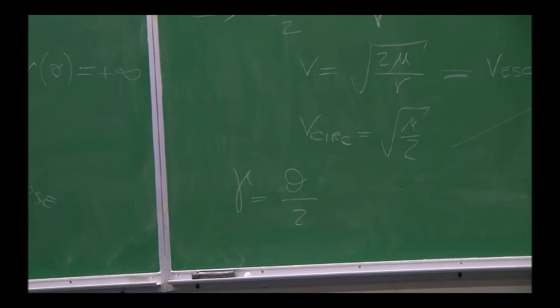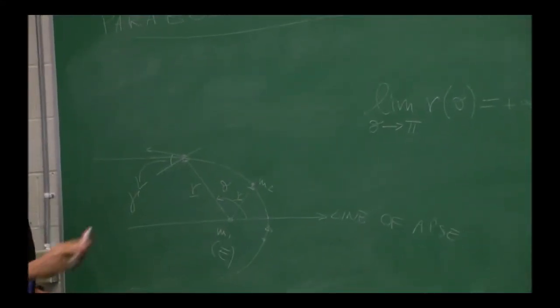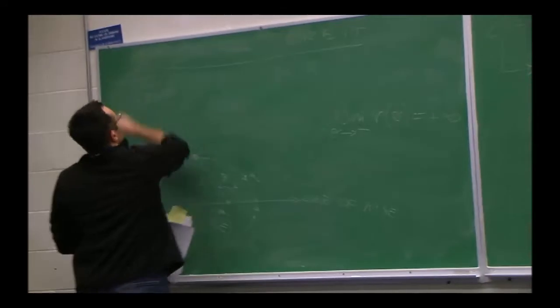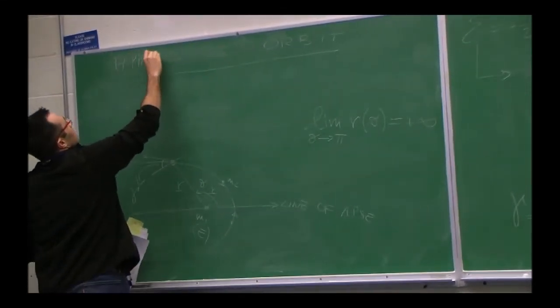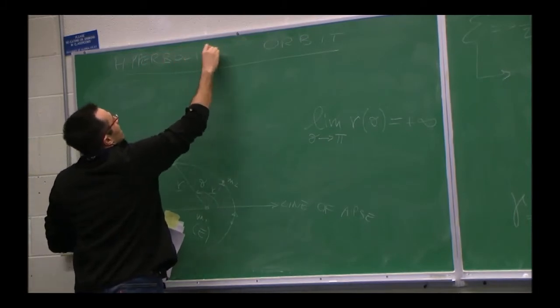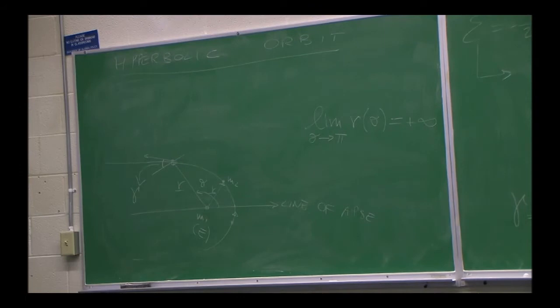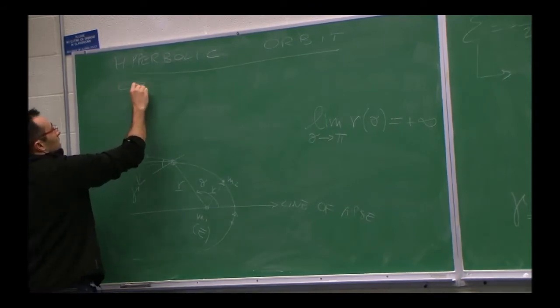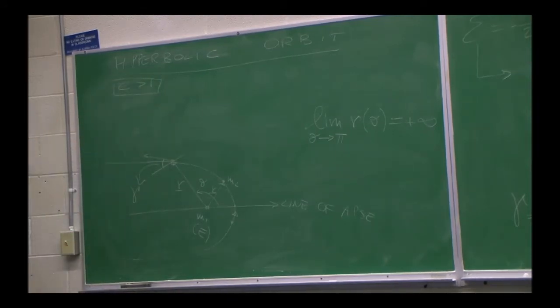Much more interesting, in my opinion, are the hyperbolic ones. Because if you fly on a hyperbolic path, you still go to infinity, but you do have some residual velocity relative to the planet that you can use to maybe reach another planet.